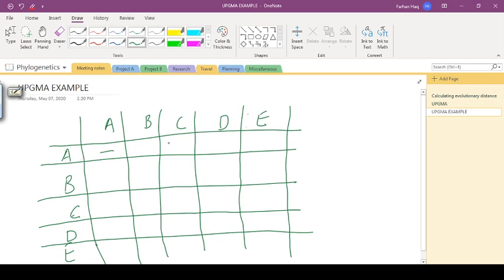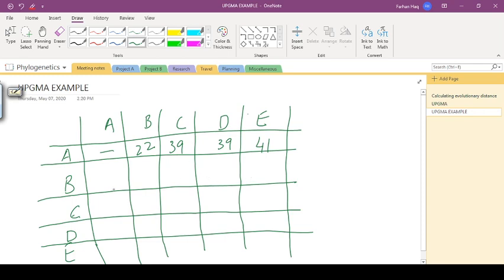This is just an example, so we follow it: the distance between A and B is 22. Distance is p = n/L, the total number of nucleotide differences over length. Next, A and C is 39, A and D is 39, A and E is 41.